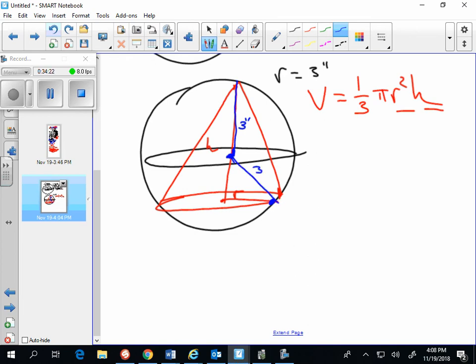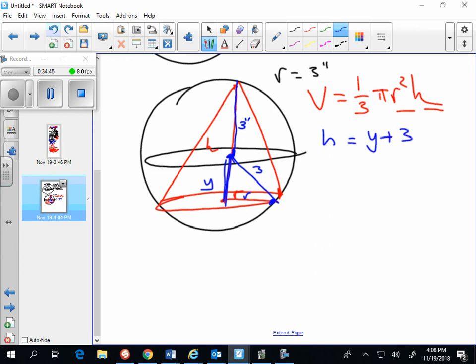This is also 3 inches. And you might be saying, sure, but why did you do that? Well, remember, I know that this is the radius of the cone, and I'm going to call this length, because it's vertical, y. I'm not going to call it h, because I'm saying h is this whole distance. h is equal to y plus 3.